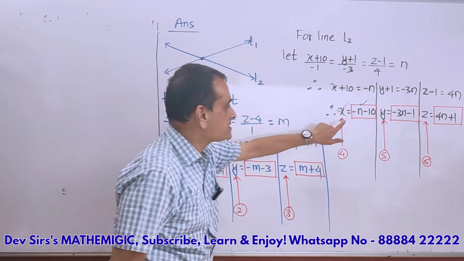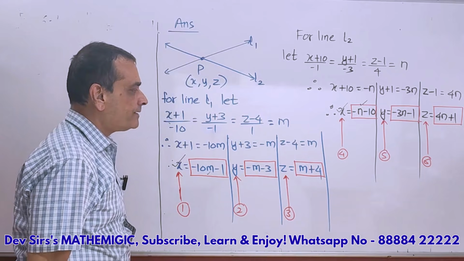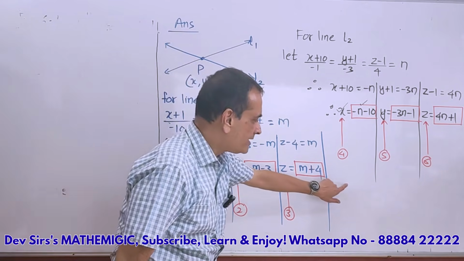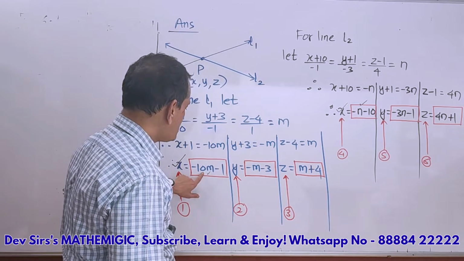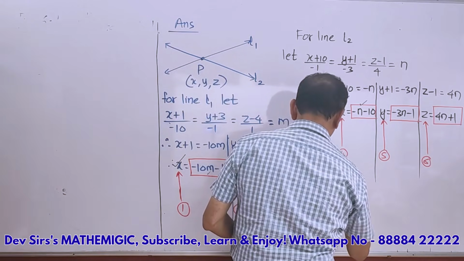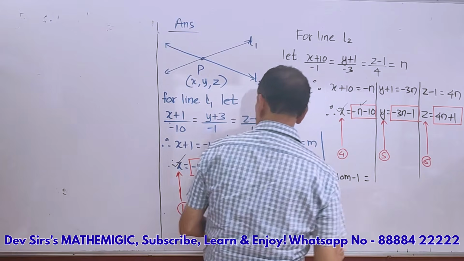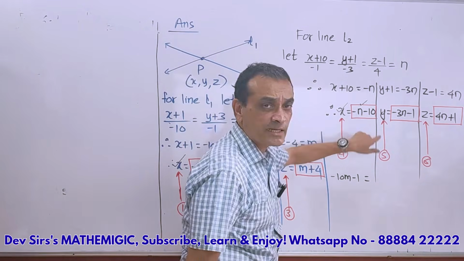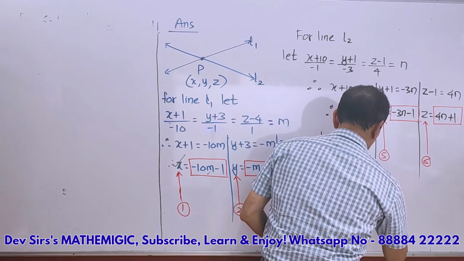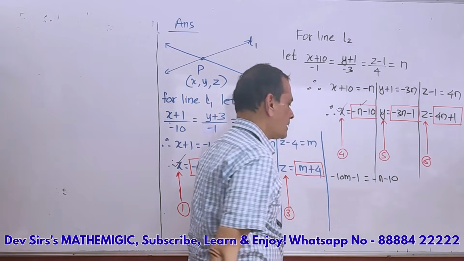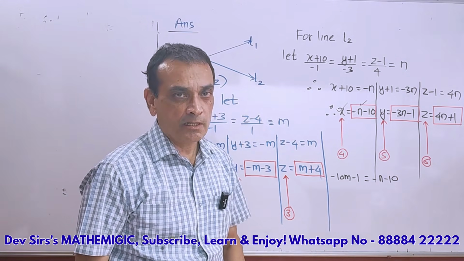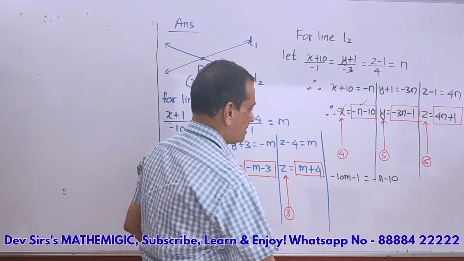So x equal to x. What do I get? Let me write here first: minus 10m minus 1 from equation 1, and the x from here: minus n minus 10. I'm not getting the direct answer; I'm going to get three equations.